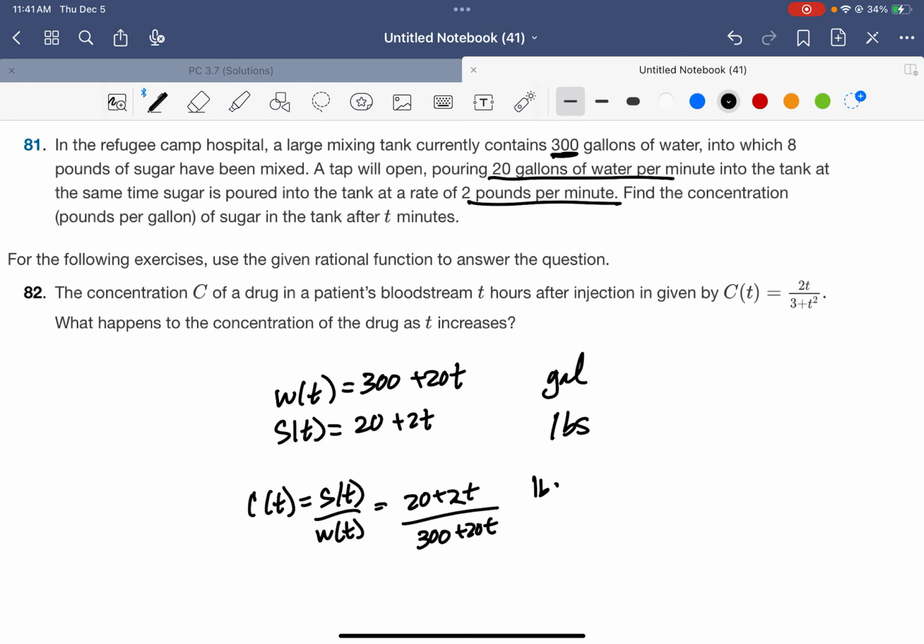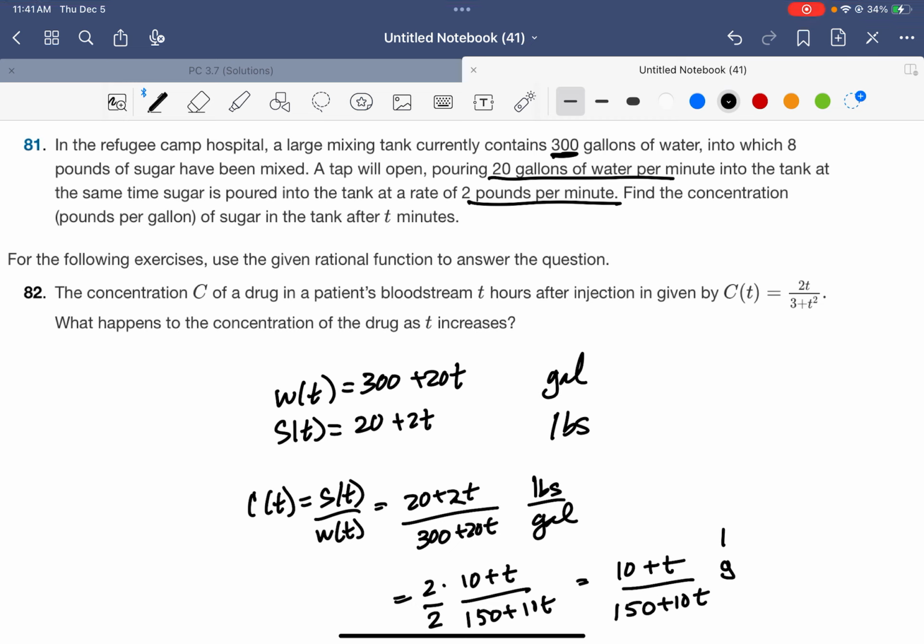And that would be in pounds per gallon. You might simplify that by factoring a 2 out of the top, and you'd be left with 10 plus t. If you factor a 2 out of the bottom, you're left with 150 plus 10t. Since those 2's can now cancel out, you're left with (10 plus t) over (150 plus 10t), again, pounds per gallon.